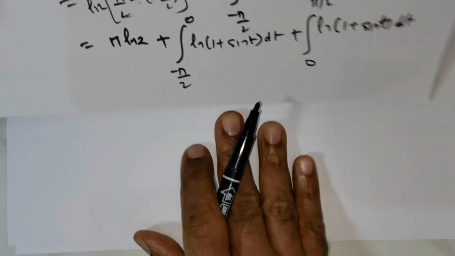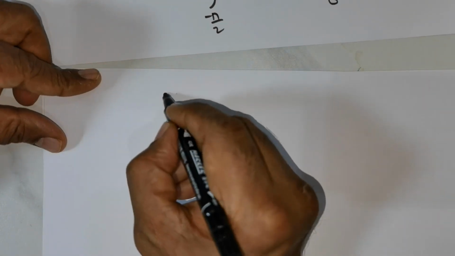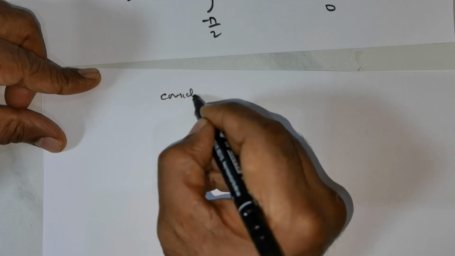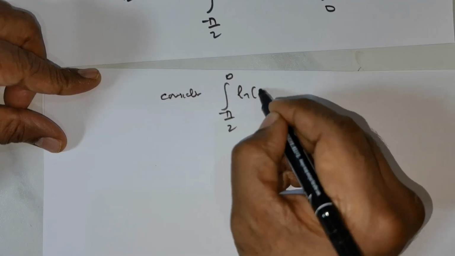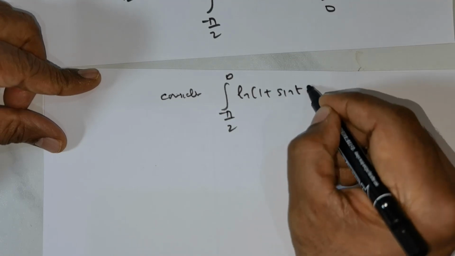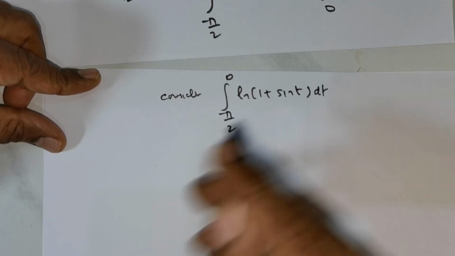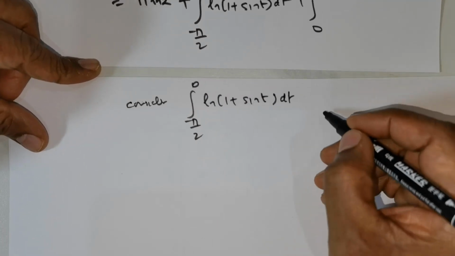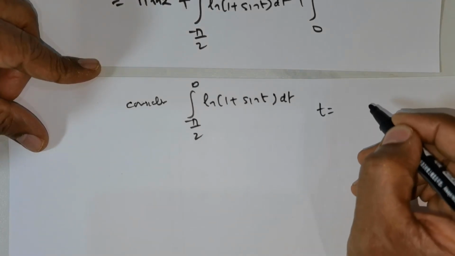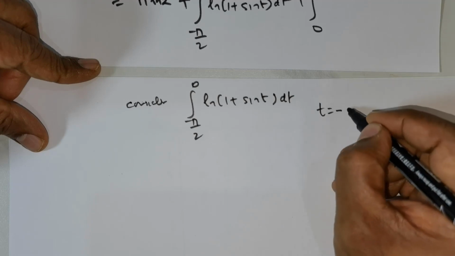Now let me consider the quantity, the integral from negative pi over 2 to 0 of ln of 1 plus sine t dt. Now what I wish to do is take t to be equal to negative u.